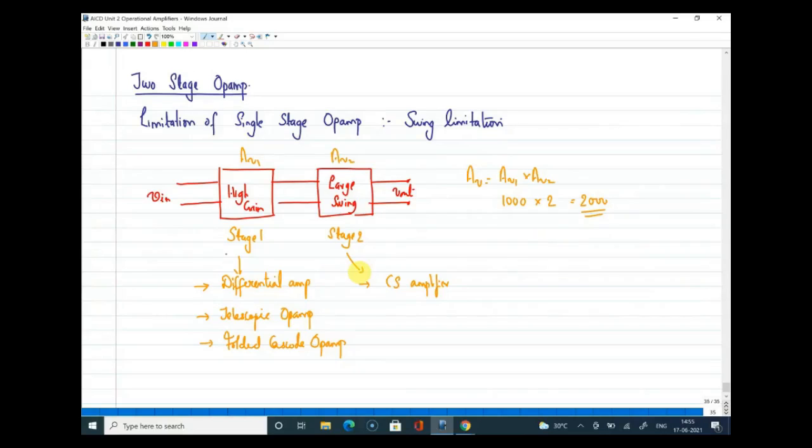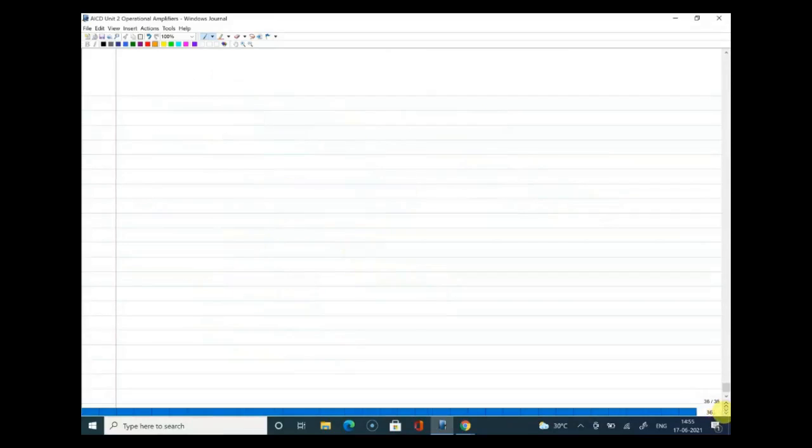And if you have done that, can you take a pic of that and post it in the WhatsApp group now? The first stage can be a differential amplifier and the second stage can be a common source amplifier. So what you can draw is a fully differential two-stage op-amp.